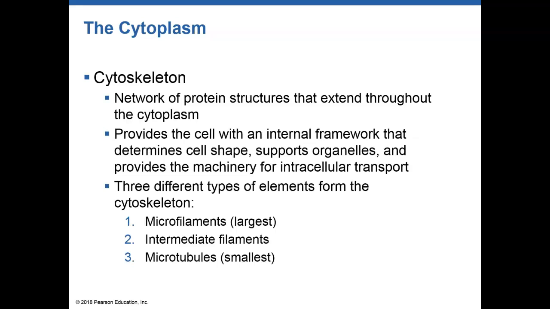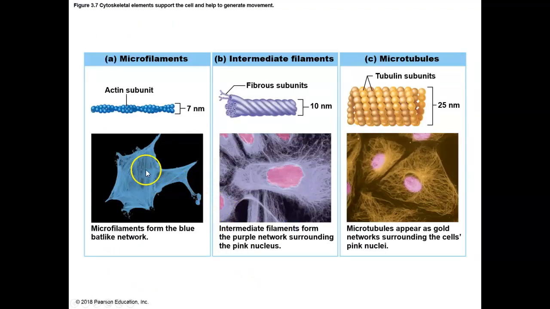It helps in supporting organelles within the cell, and it functions in movement of materials within the cells. So there are 3 proteins that make up the cytoskeleton: microfilaments, intermediate filaments, and microtubules. And so here you can see microfilaments, intermediate filaments, and then the microtubules.